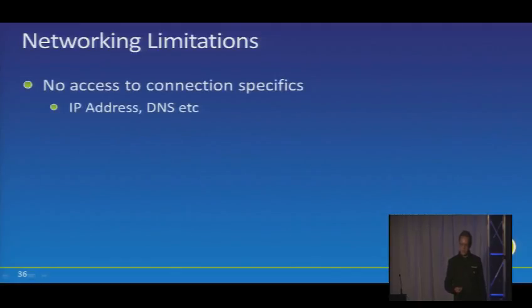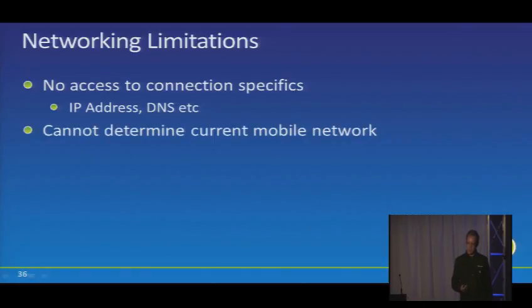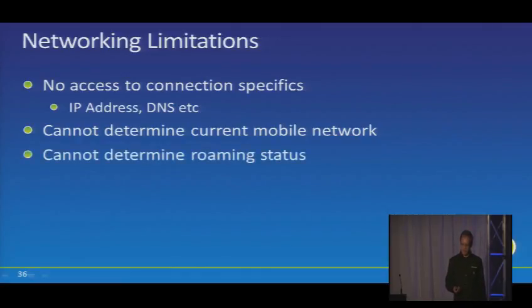So what are some limitations in networking? You don't really have much access to what's going on, so you can't tell what your IP address is, you can't do DNS lookups and that sort of thing. And you can't determine what mobile network you're on. So if you had an application that for some reason needed to know whether you're on Vodafone or whatever, you have no access to that yourself.